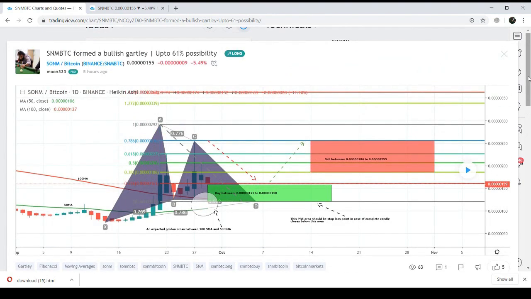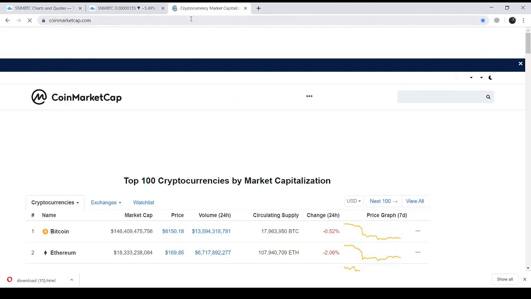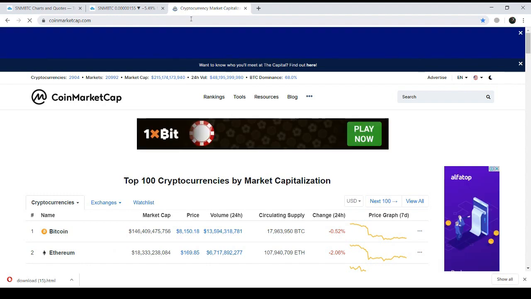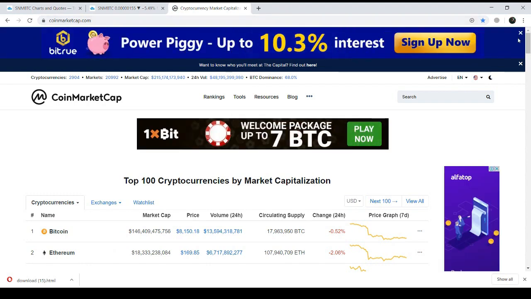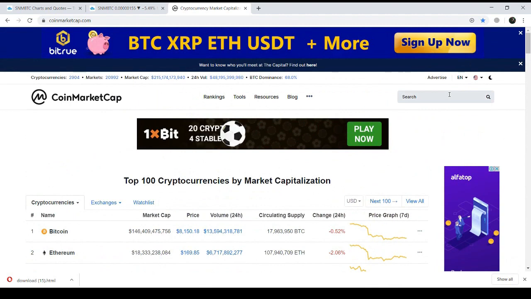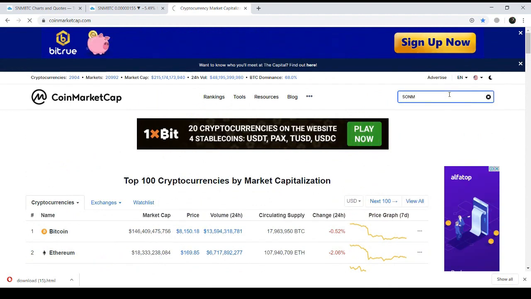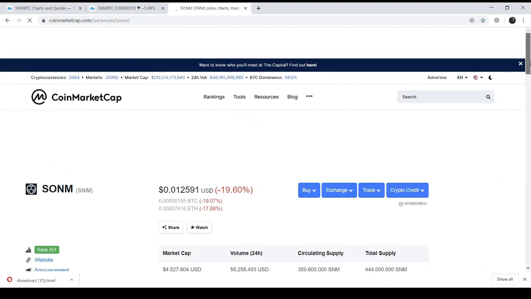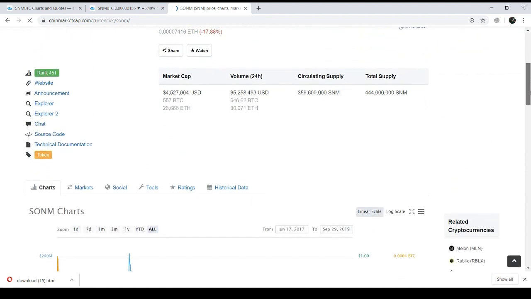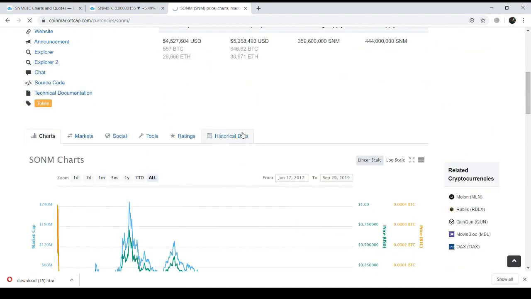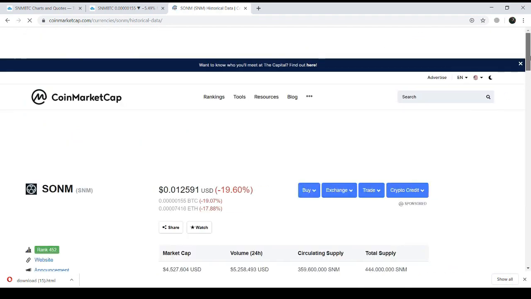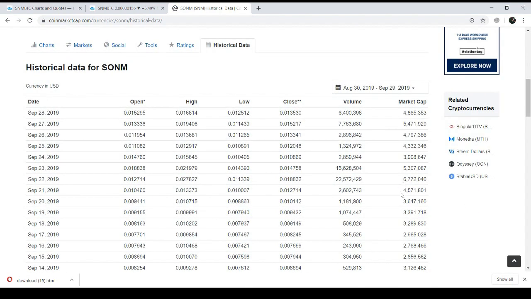And if you see the CoinMarketCap data, then you can believe that the price action can take the bullish divergence again. If we look at the historical data of SNM coin, up to 17 September the trade volume was not more than $500,000.